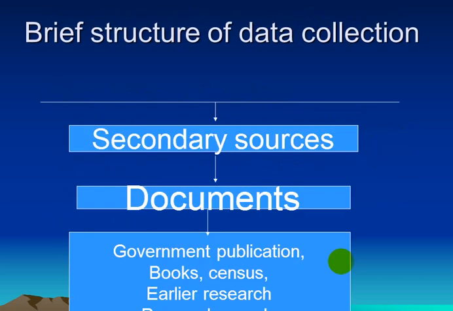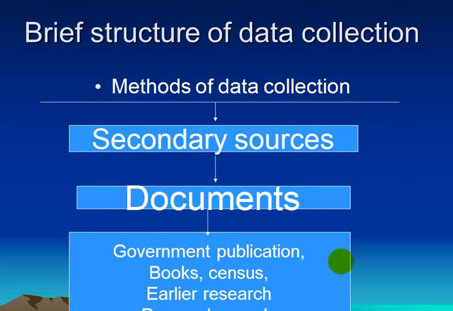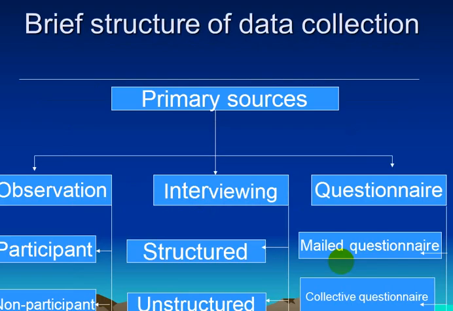This is the structure of data collection methods, right? So the outline: we call secondary sources documents, government publications, books, census, earlier research, and so on. And primary sources, we have observation, interviewing, questionnaire.